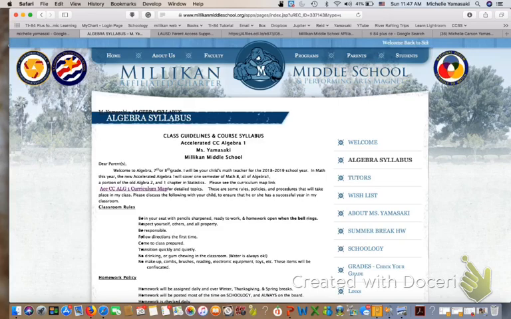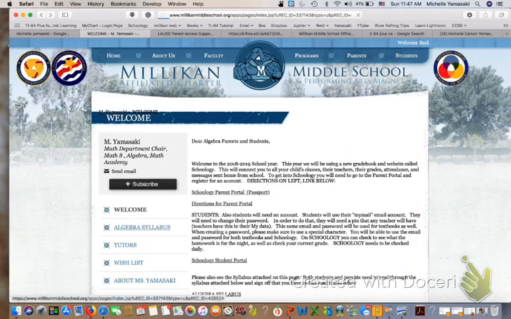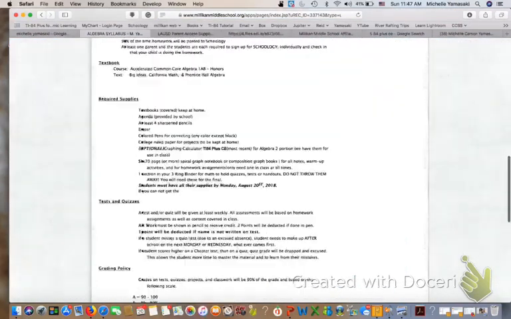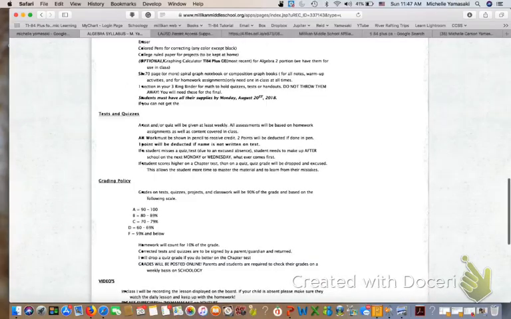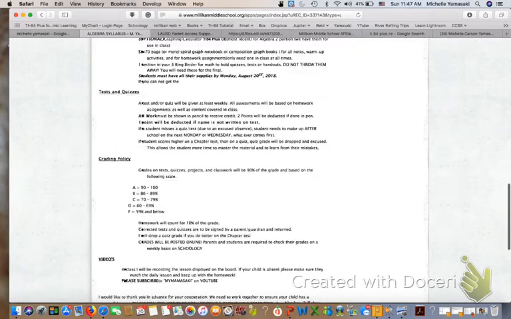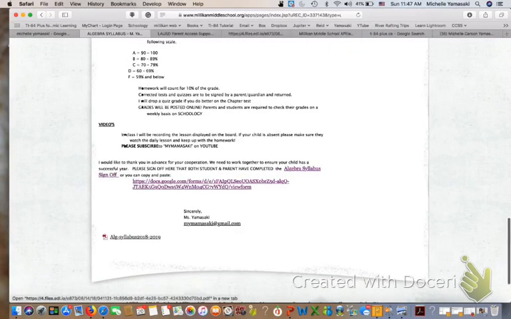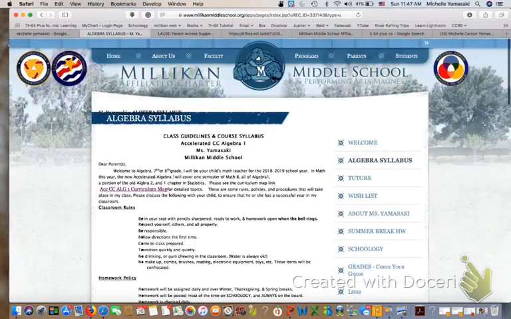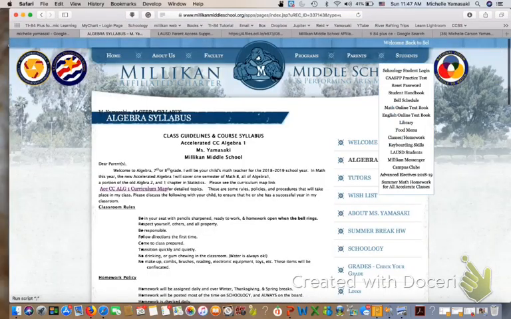So I've copied and pasted it here. When I click to the left, it said Algebra Syllabus. But I'm going to go to a better version. There's a Microsoft Word version there, and then there's a PDF version down here. Down at the bottom are two live links in purple that I'm going to want you to sign off on after you go through the syllabus, confirming that you and your child have done this.